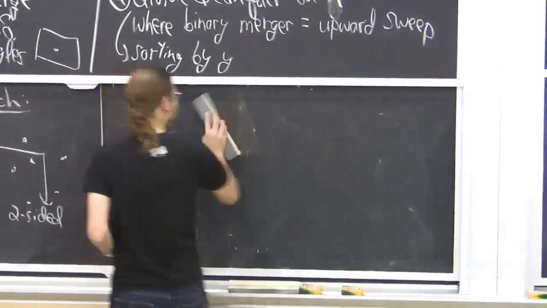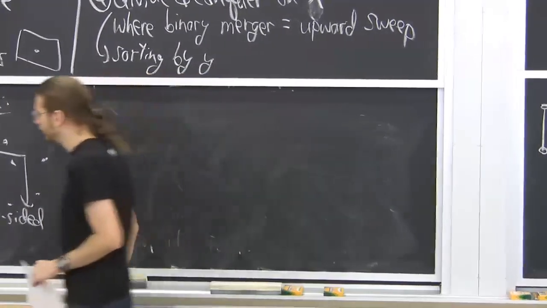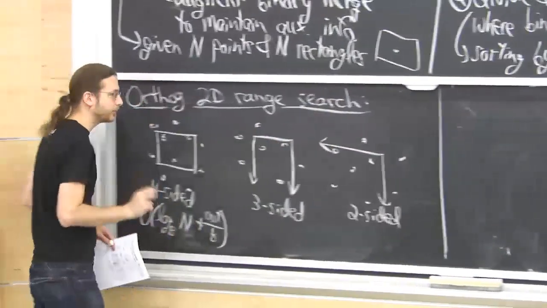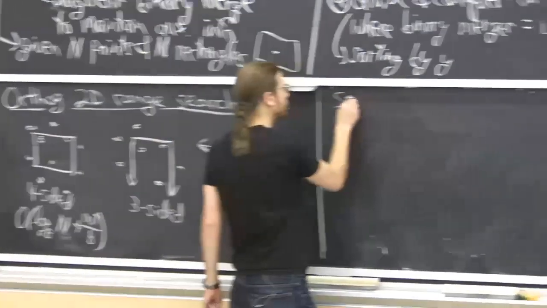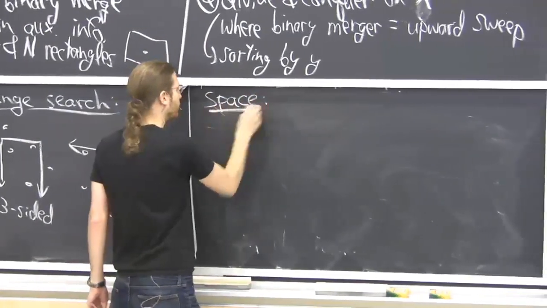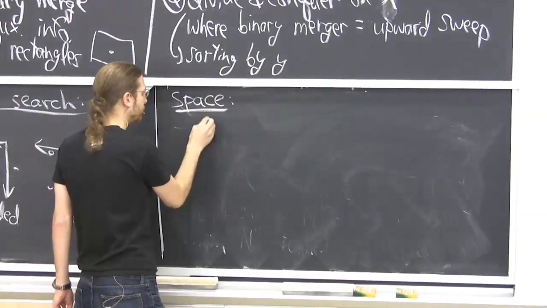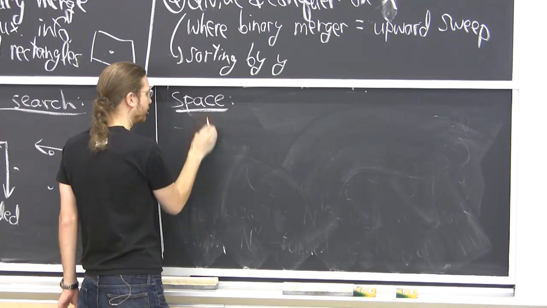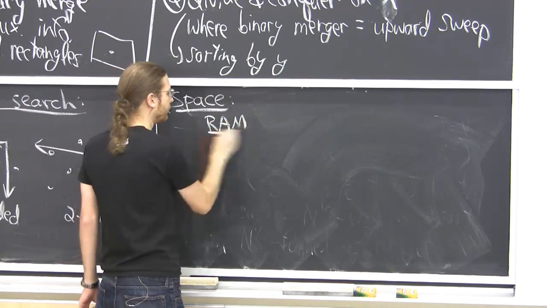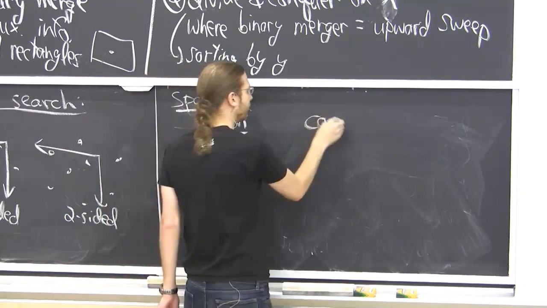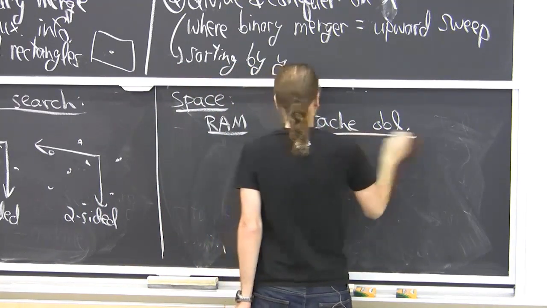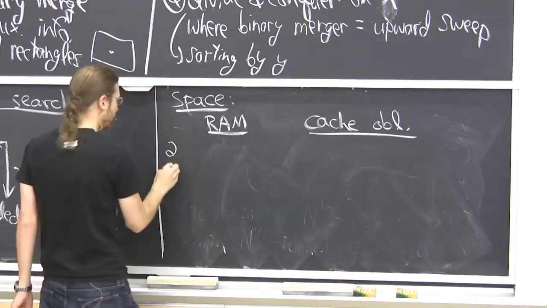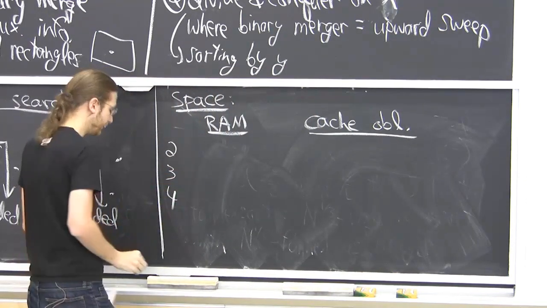Okay, so for all of these problems, we can achieve log base B of N plus out over B. The issue is with space. Maybe I'll compare regular RAM algorithms versus Cache-Oblivious. So we've got two-sided, three-sided, four-sided.